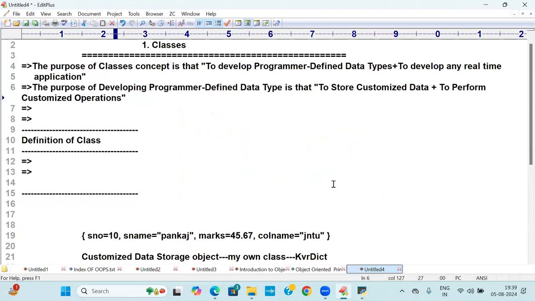A class is ready to organize the data and ready to perform the operations on the data which you stored. So inside the class, what is present that reflects on the object? Correct or not? Now, what is the purpose of developing a programmer defined data type? To store customized data, to perform customized operations.